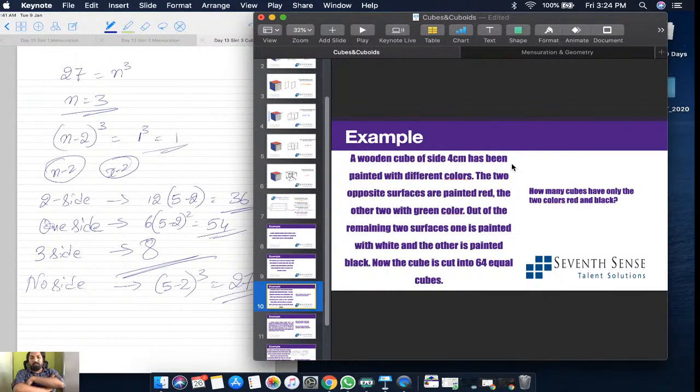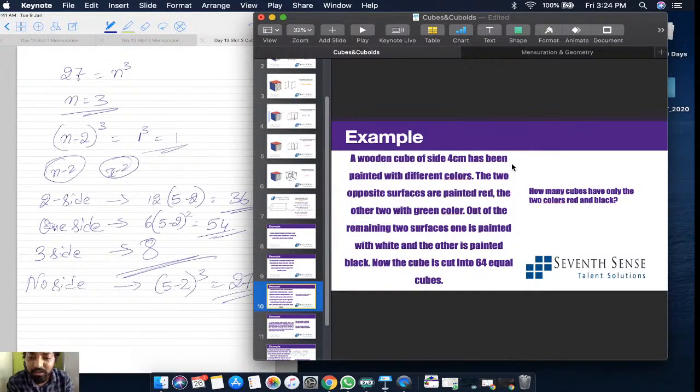A wooden cube of size 4 centimeter has been painted with different colors. Two of the opposite faces are painted red and the other two with green.